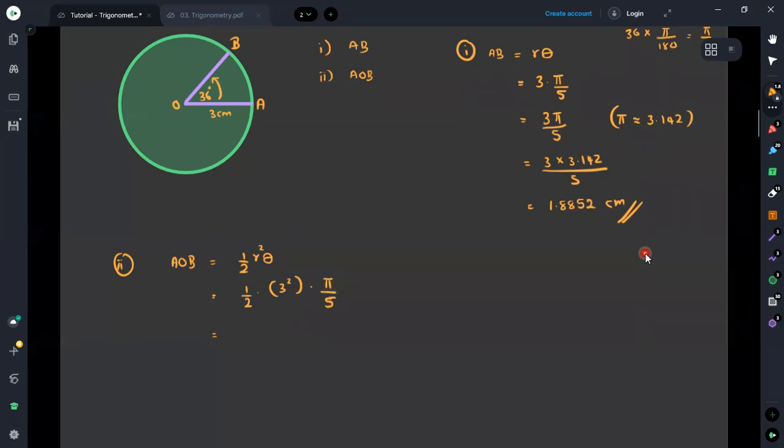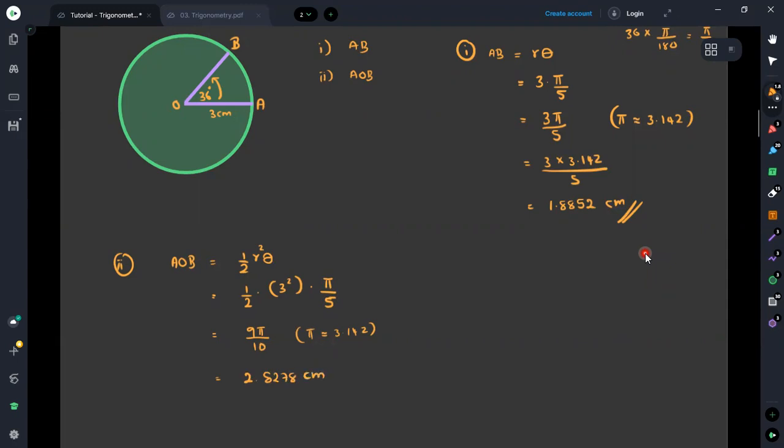And we need to perform the calculation. If you have the values altogether, we'll get 3 squared, which is 9, times pi divided by 2 times 5, which is 10. If you approximate the value of pi to 3.142, we'll get 9 times 3.142 divided by 10, which equals 2.8278.